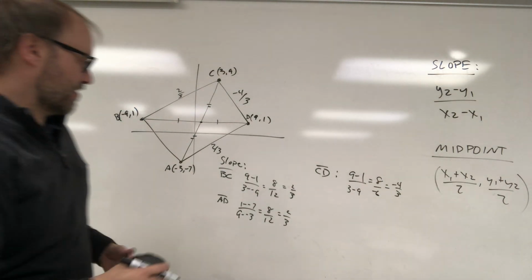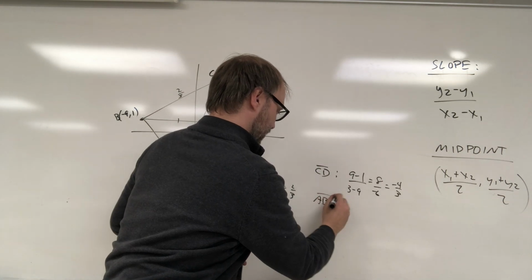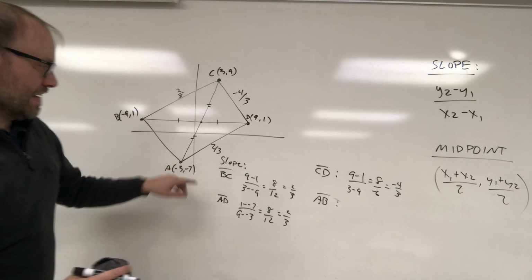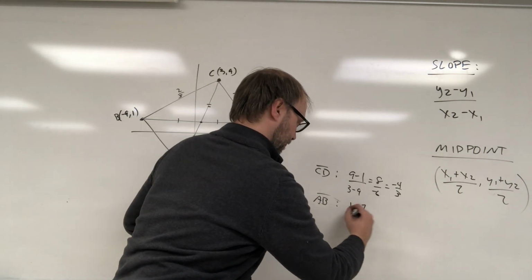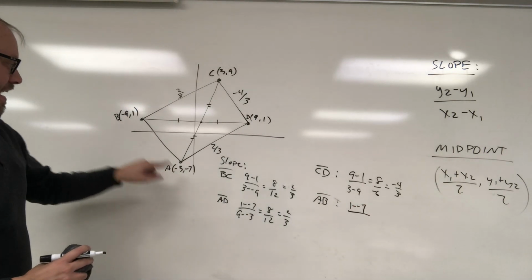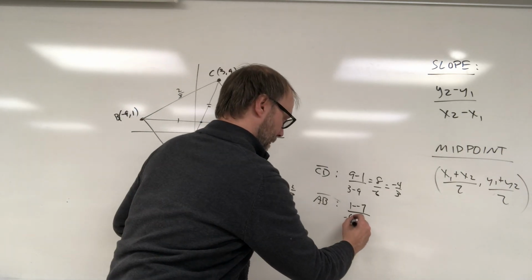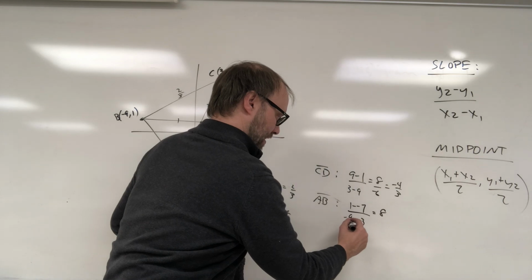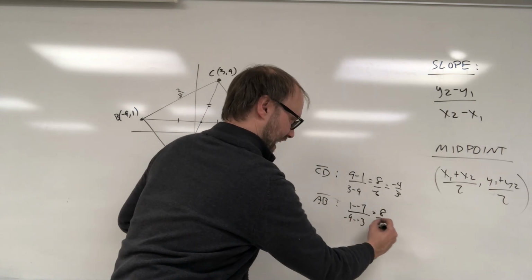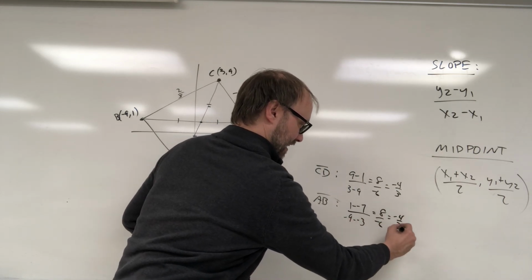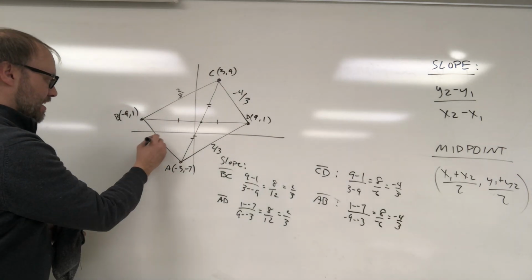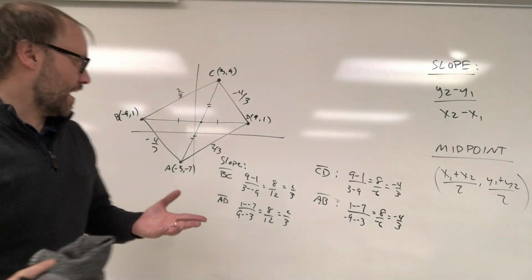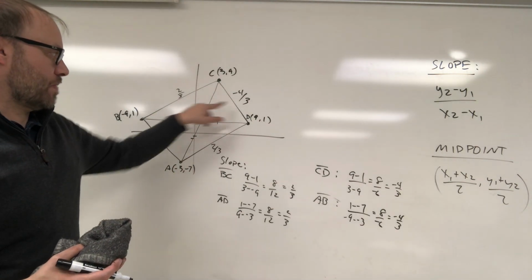So I'm going to find the slope of AB. 1 minus -7 over -9 minus -3. We get 8 on top. On the bottom, -9 minus -3, and we get -6, so -4/3. Now you can see a second way. You don't have to show both of these, but you can see a second option. Both pairs of opposite sides are parallel.